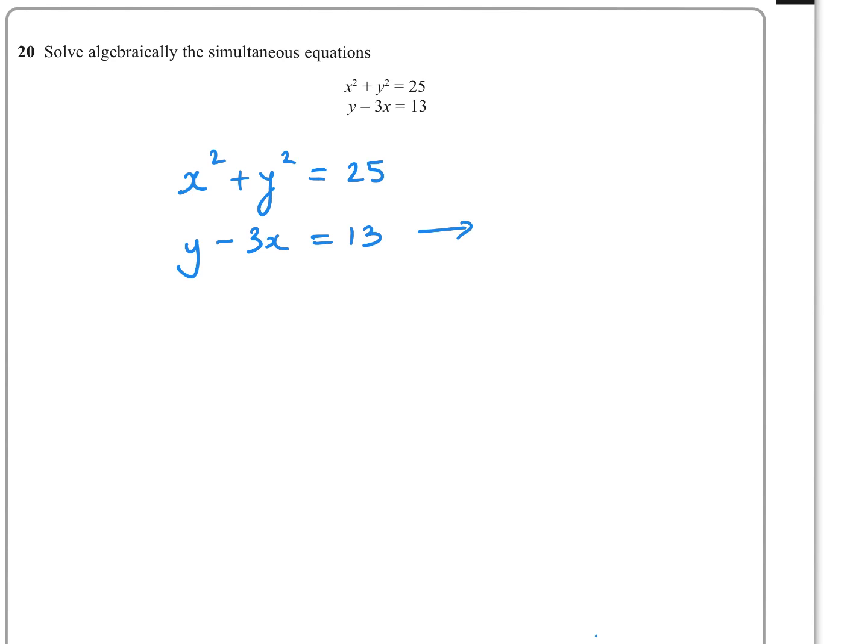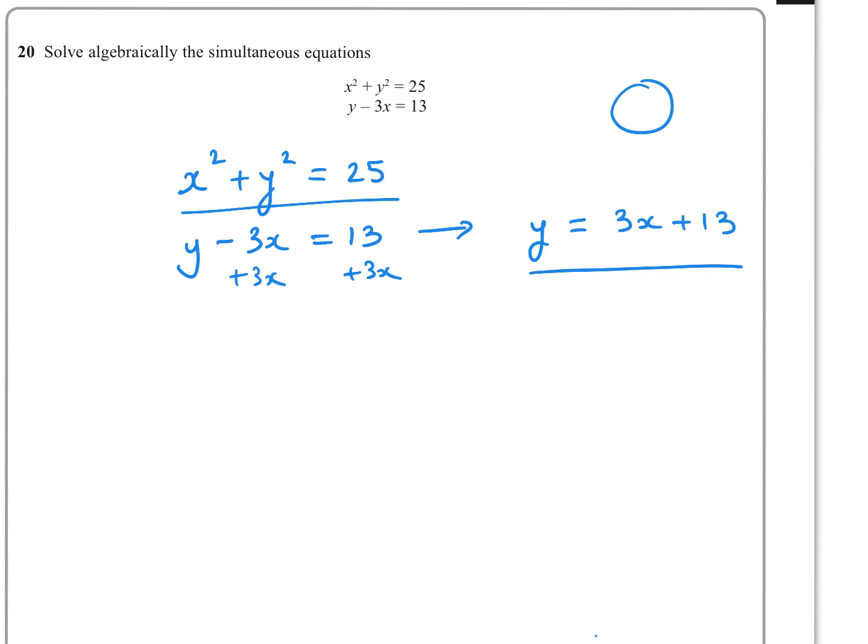I'll explain that a little: if I get that into the form y equals mx plus c by adding 3x to both sides, then I'll have 3x plus 13. So we have a straight line and a circle, and in rough terms they'll probably intersect twice. It's rare that there'll be a tangential situation, so we're probably looking for two solutions.